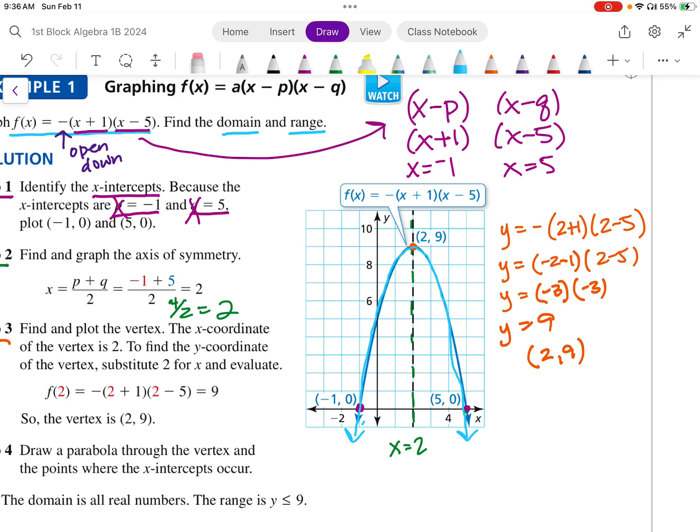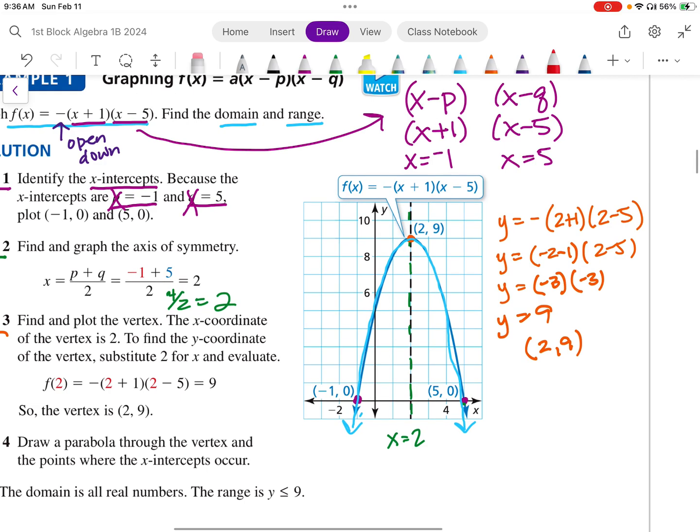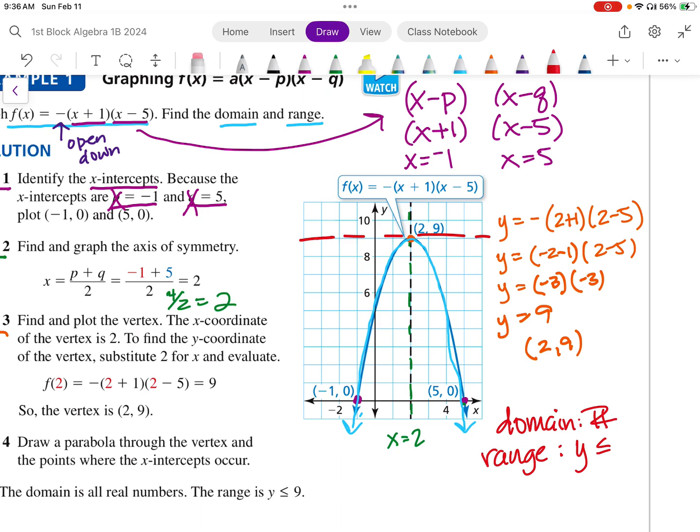Then, remember, it wanted us to list our domain and range. Hopefully you know that domain is all real numbers. And the range has to do with our vertex because we look and see where's the absolute top of our graph. It's never going above that. So y is less than or equal to 9.